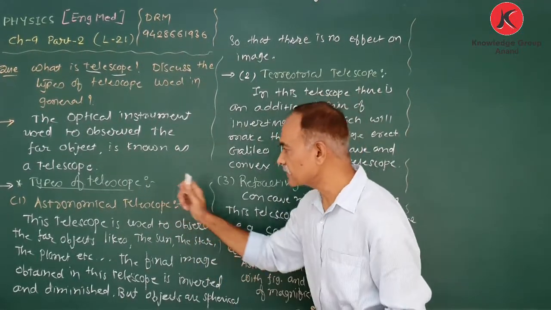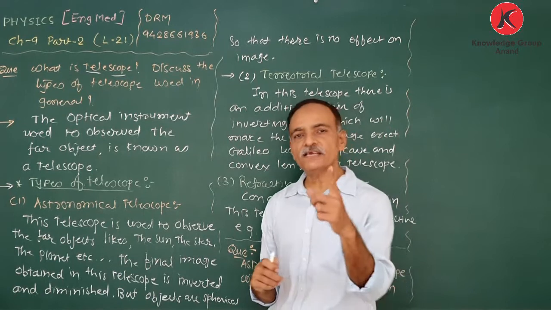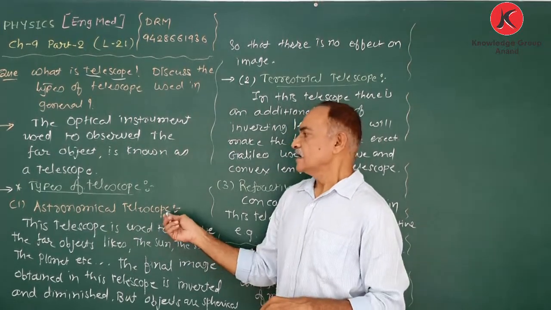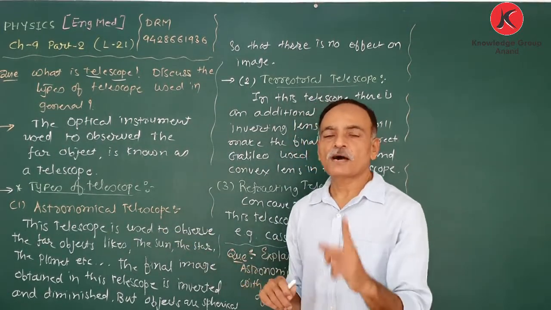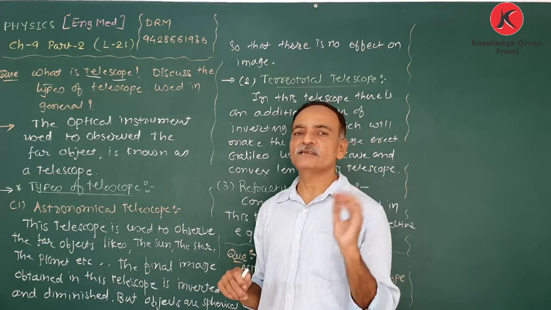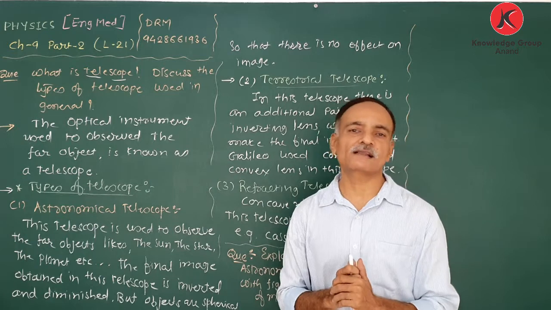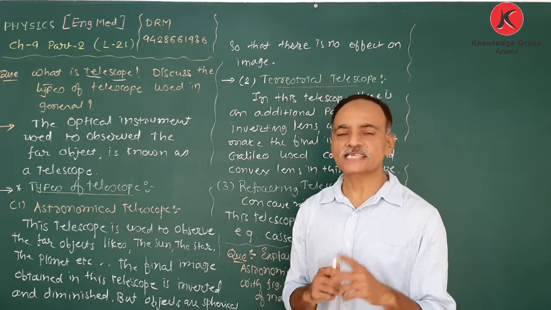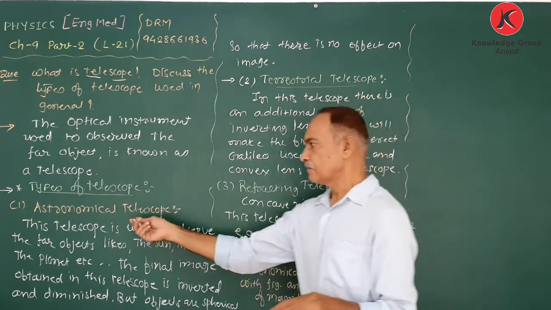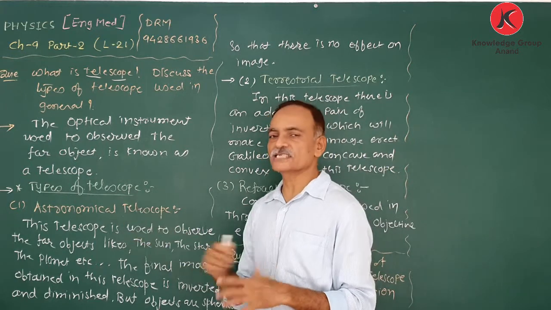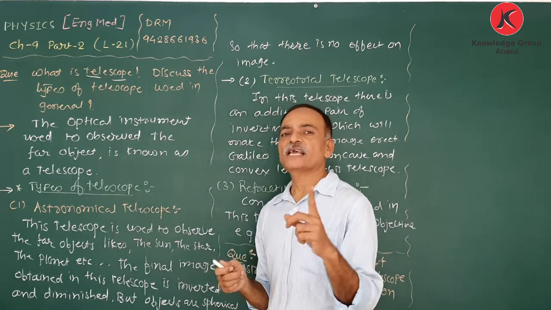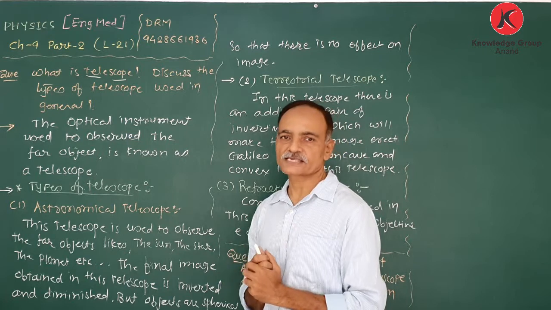Now the types of telescope. Generally we use a telescope to observe far objects such as the sun, star and planet. This type of telescope is known as the astronomical telescope. The purpose of this telescope is to observe astronomical objects.